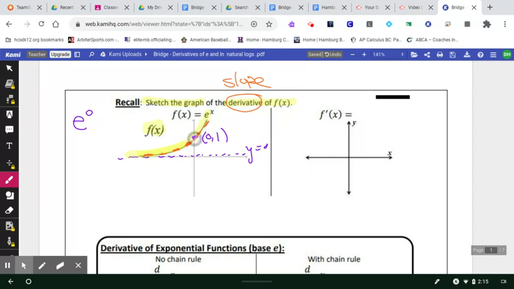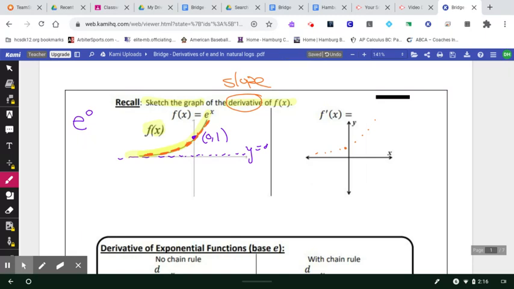This gets steeper and steeper, so the slopes are getting higher. So let's say right there we had a slope of 1/2, and we plot that point at maybe a half. As I go back this way, the slopes are getting less steep, meaning smaller and smaller, but they're still positive.